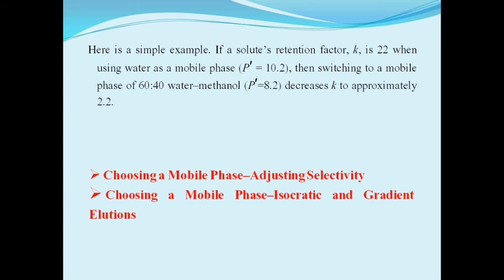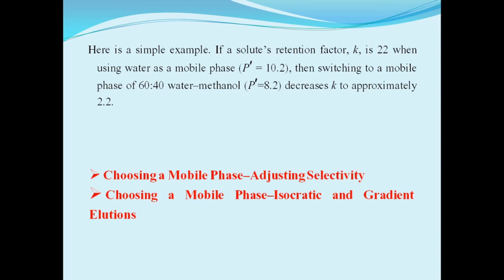Choosing a mobile phase: adjusting selectivity. Changing the mobile phase polarity index changes a solute's retention factor. However, a change in retention factor is not an effective method for improving resolution when its initial value is greater than 10.